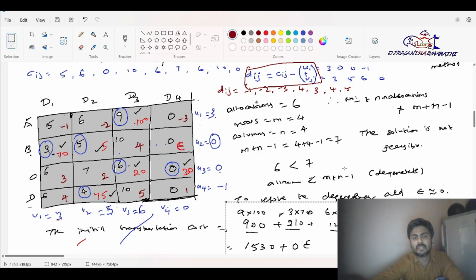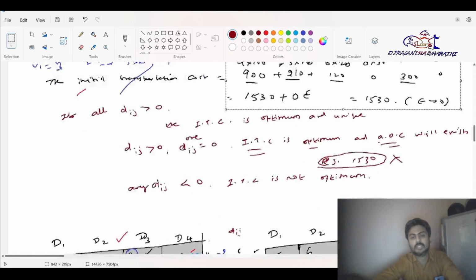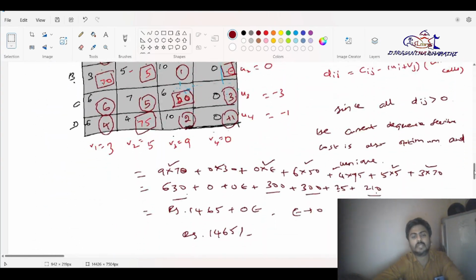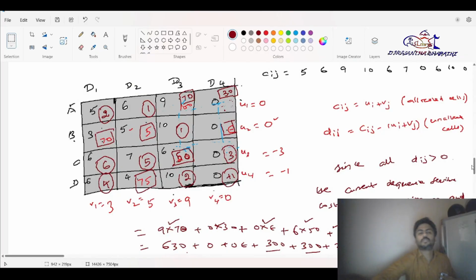So you can allocate the transportations from A to D3, B to D1 and B to D2 also can be allocated, like that you can allocate. So for this you can also write the allocations.